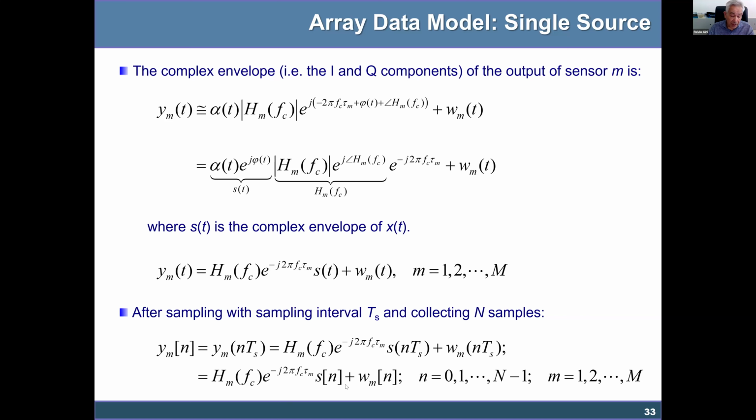We have the complex envelope, s[n], of the narrowband signal generated by the source, and then we have the disturbance. The two indexes n and m refer to time and space. So we have N temporal samples, and we have M spatial samples that correspond to the location of the m-th sensor.